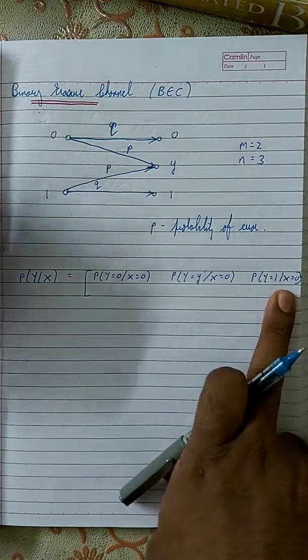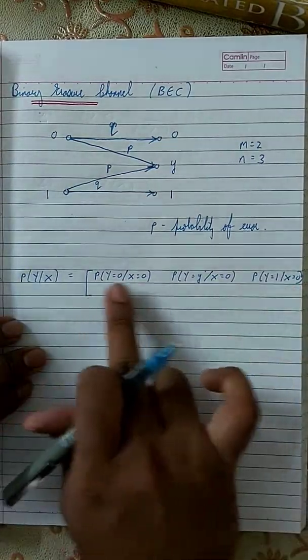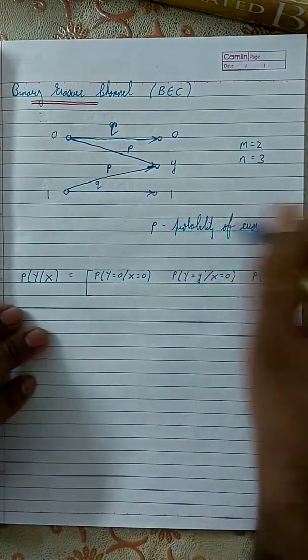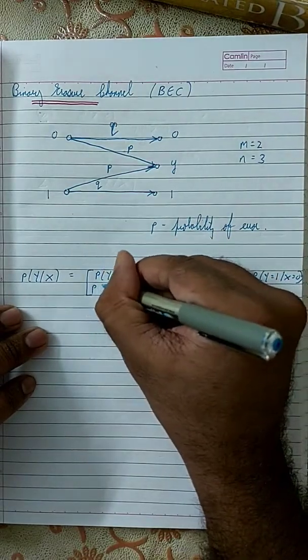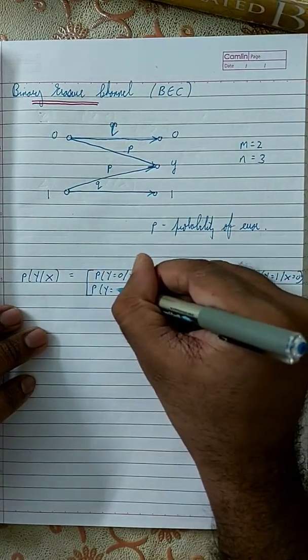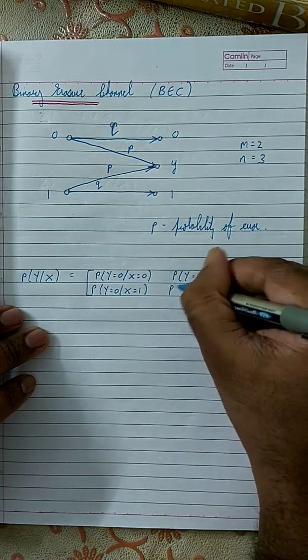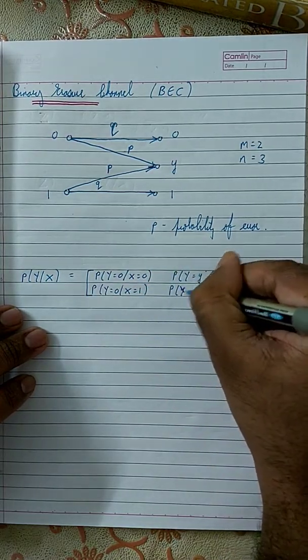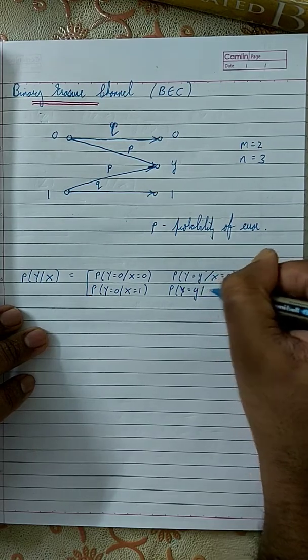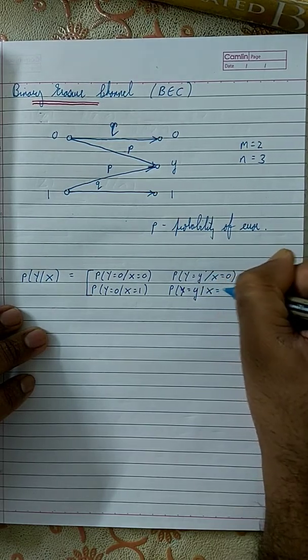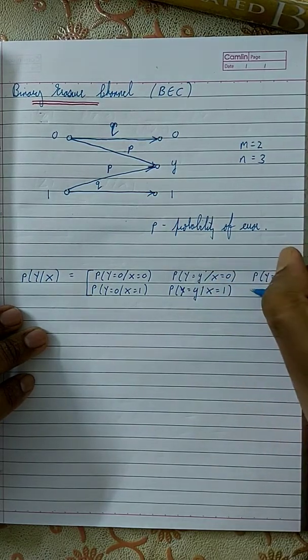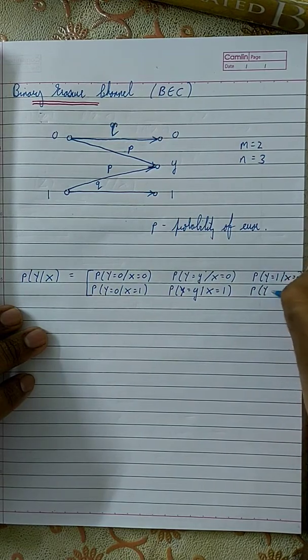Now this is the first row. On the second row it is the probability that y is equal to 0 when x is equal to 1, then the probability that y is equal to Y when x is equal to 1, and then the probability that y is equal to 1 when x is equal to 1.